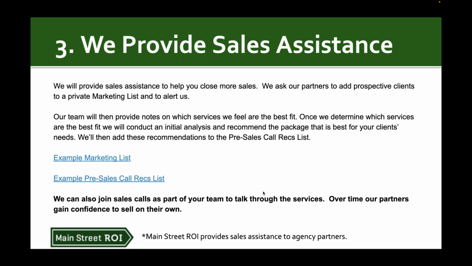And we meet, we analyze their prospective clients. We will put together what we feel are the best services to offer them, and then we'll begin creating those branded proposals you saw. While the lead processing center and the email opportunity@mainstreetroi.com are very helpful for on-the-fly quotes and proposals, this is a more hands-on approach that we take with our partners, where we meet and we look over the websites together.